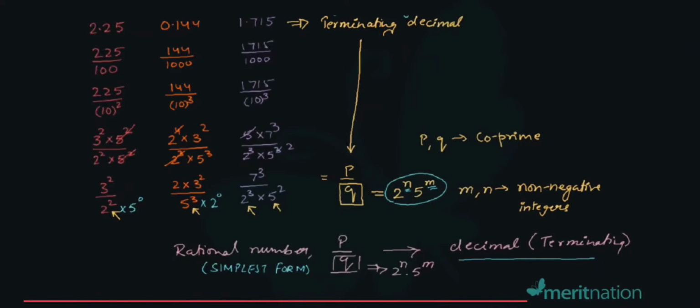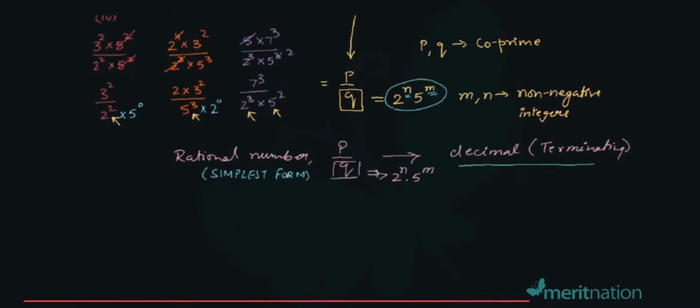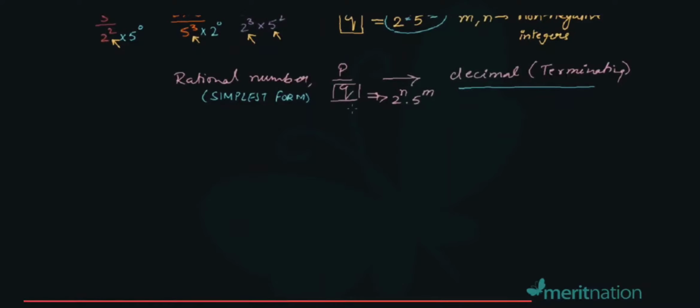Now you might be wondering what will happen if the denominator is not of this form. Let's take a few examples out here. Let's talk about, let's say 1 by 7. If you see, this denominator is not of the form 2 to the power n times 5 to the power m. It does not have 2, it does not have 5 as well.